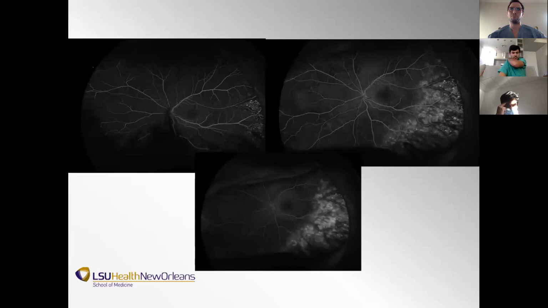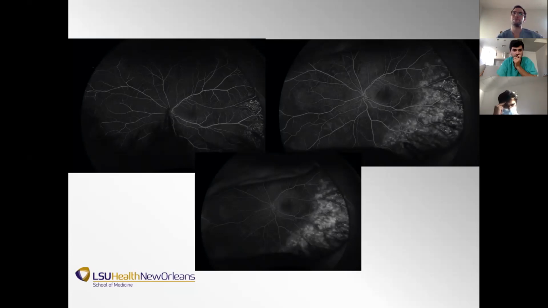Can somebody describe this for me, maybe one of the second years? All right, so we have a couple IVFA photos of the left eye. I don't know what the timestamps say, but I'm going to assume they're in sequential order here.